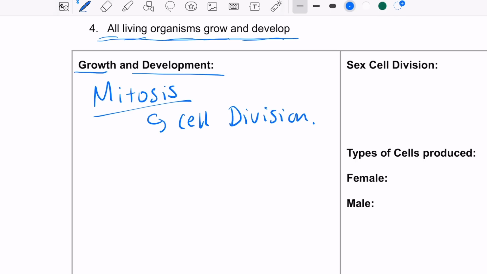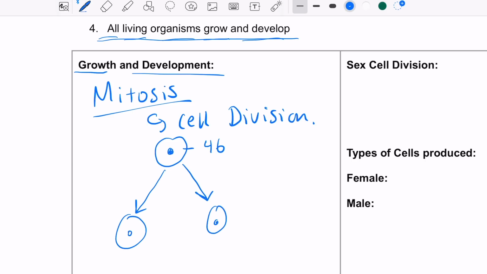When you break a bone as you're growing to adulthood, from baby to a toddler, when your skin needs to heal from damage, one cell is then split into two cells. Humans have 46 chromosomes.